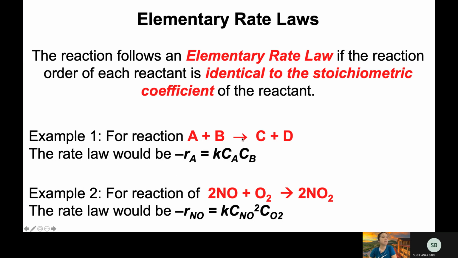Hence, the reaction will be first order with respect to A, first order with respect to B. So the rate law become minus RA equals to K. K is always there. Regardless elementary ke non-elementary rate law, the K is still there. Okay. The CA, CB. Because technically CA power of 1.